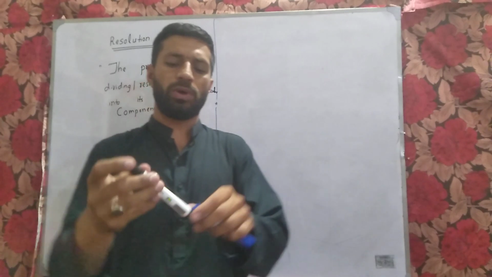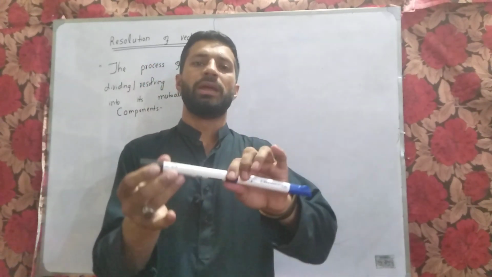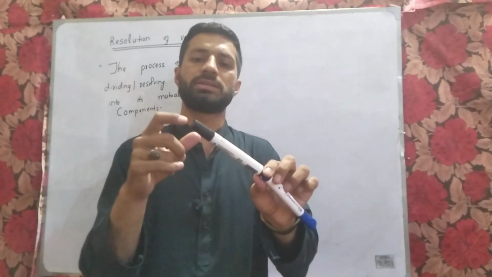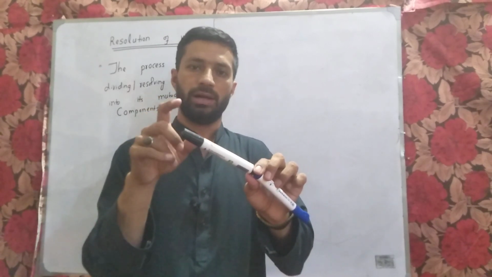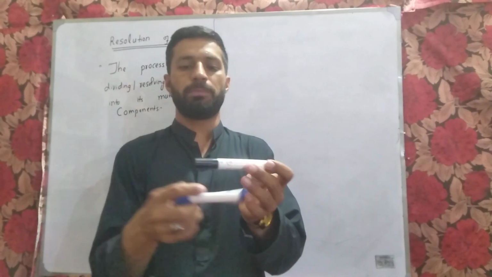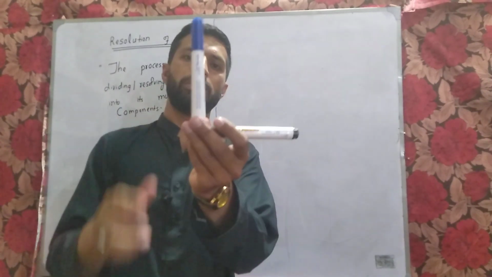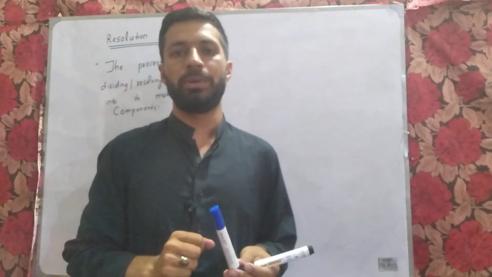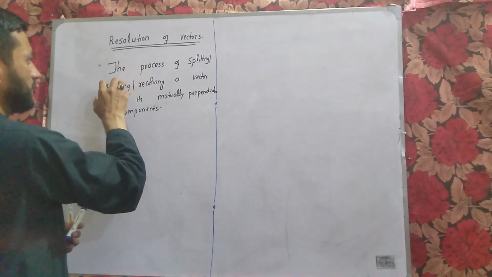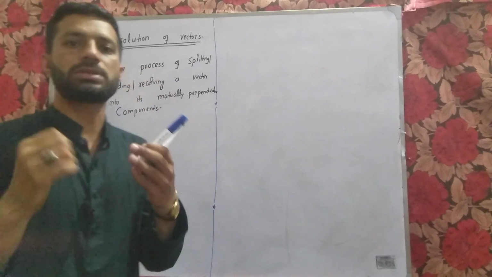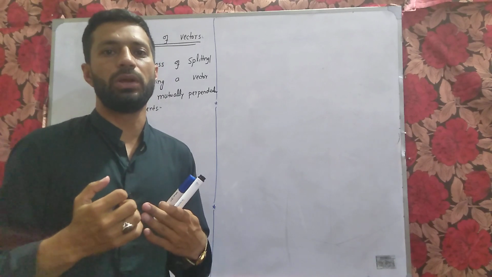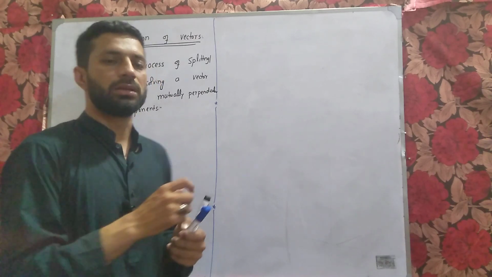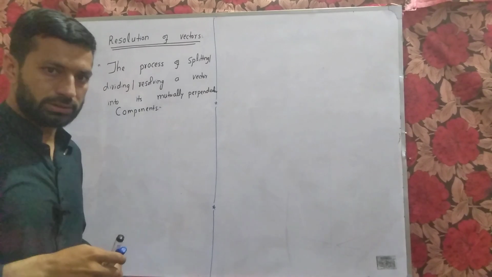If this is one full vector and I resolve it in such a way that the components obtained are mutually perpendicular, with an angle of 90 degrees between them, they are called mutually perpendicular components. So the process in which we split, resolve, or divide a vector into its mutually perpendicular components is called resolution of vector.